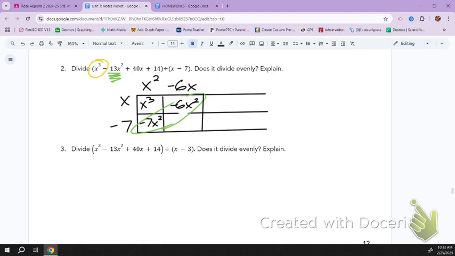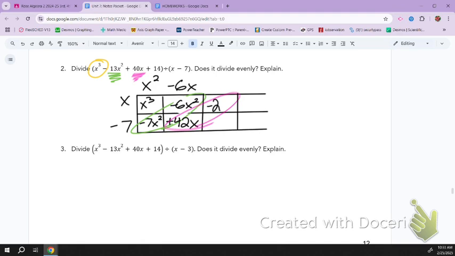A negative 6 times a positive 7. What's it going to be? You're close. Negative 42. 42x. Okay, and again, I'm going to highlight this pink. This box and this box need to combine to be 40x.